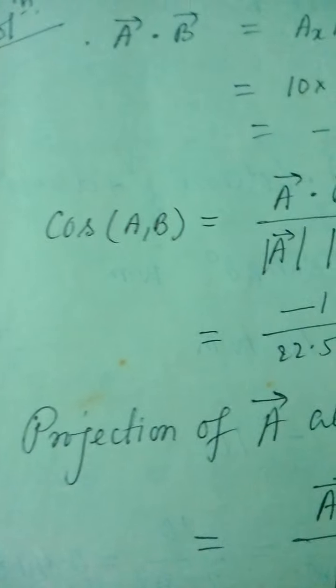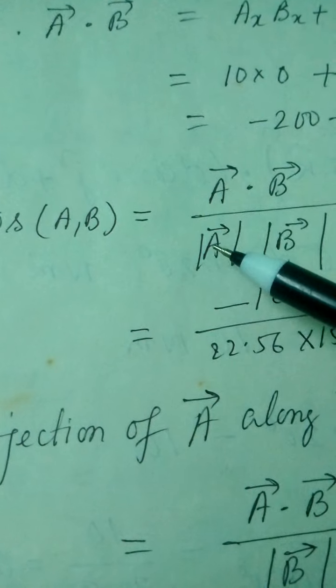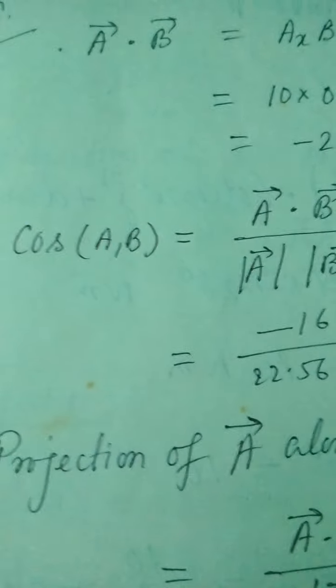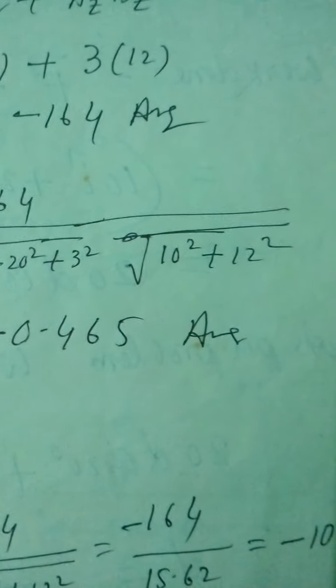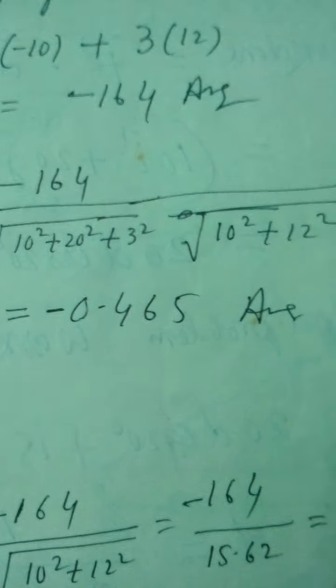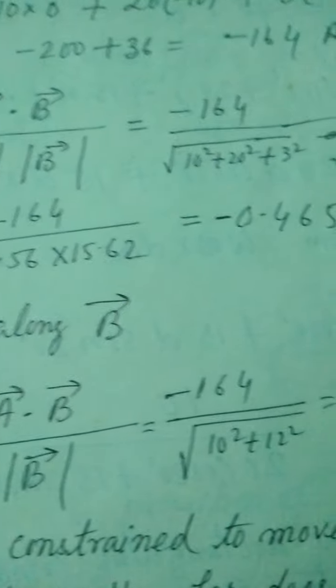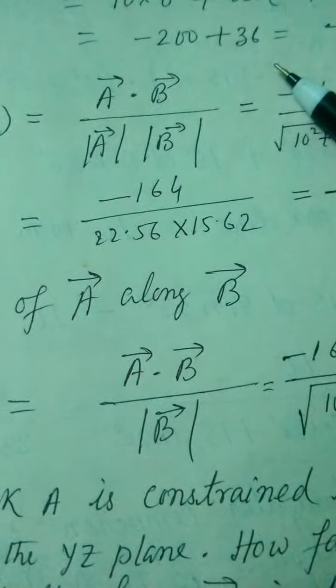Now the angle between A and B will be equal to A dot B divided by the magnitude of the A vector times the magnitude of the B vector. So this is done. Now this is the cos of this. So this is the answer for this one.